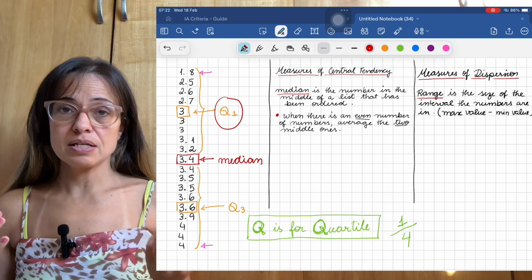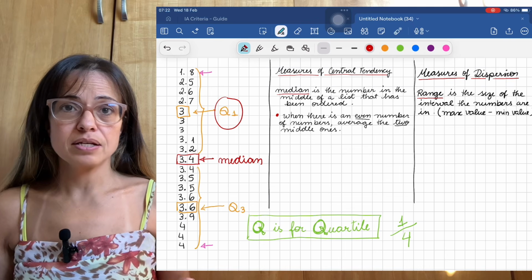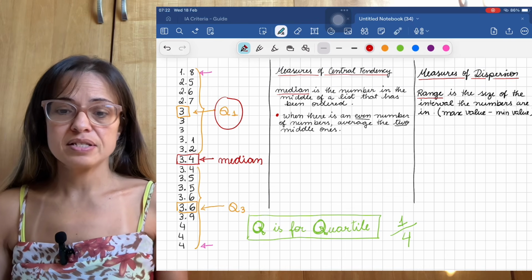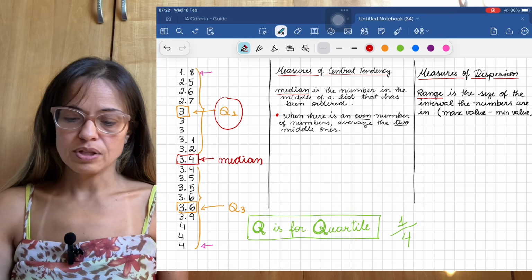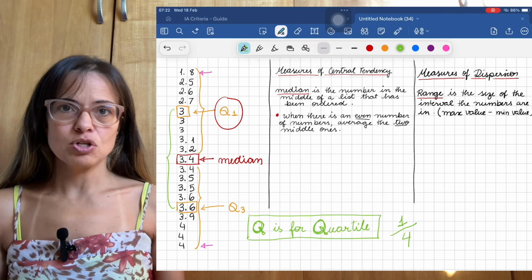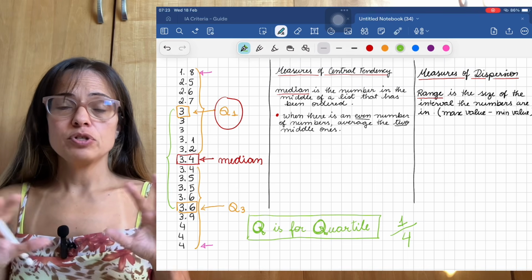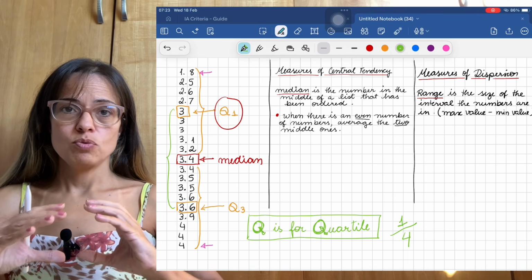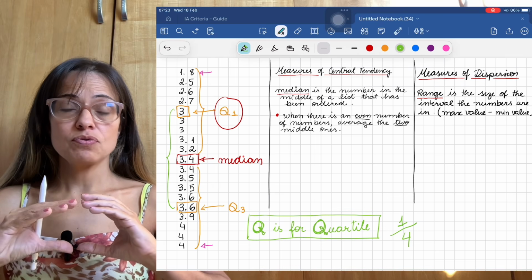So it's something that sometimes happens and sometimes doesn't, but we always can take it into account anyway, because this other measure that we're going to work with now is the range, but only the range of the middle. So we separated our list into 4 quarters, and now we're taking the 2 middle ones, which is 50% of the data, and we're going to look at the range of that.